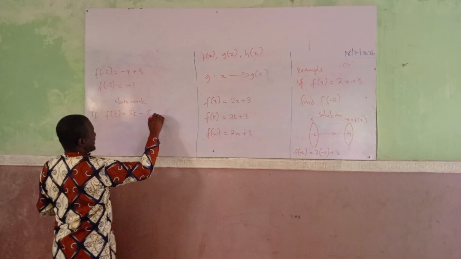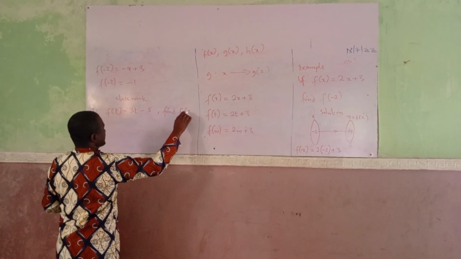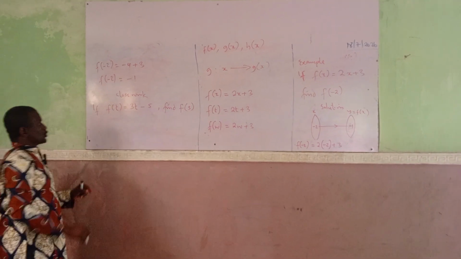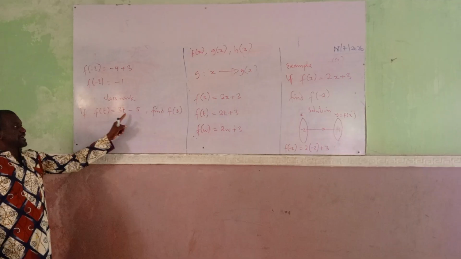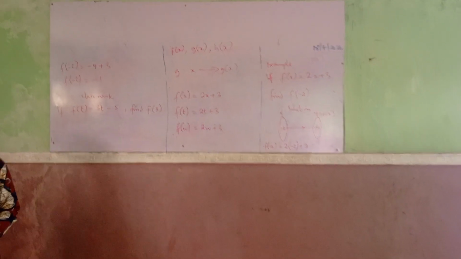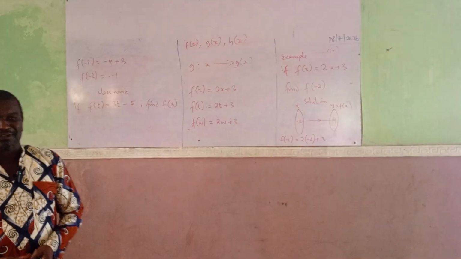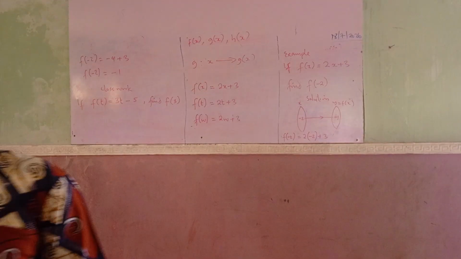And we are asked to find f of 3. So we have a function here that is a function of t, which is 3t minus 5. Find f of 3. Who can come and help us solve this on the board? How do we solve it?